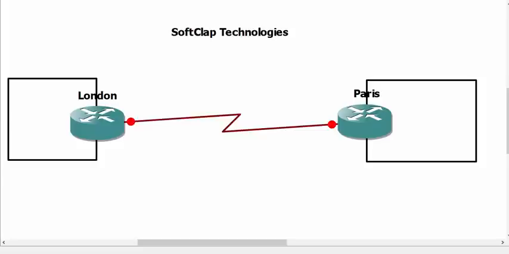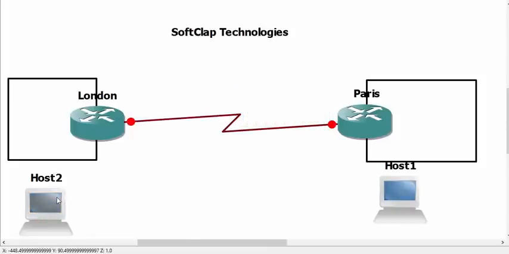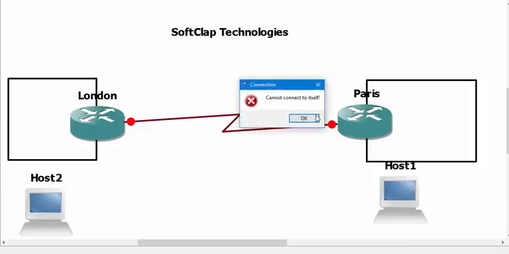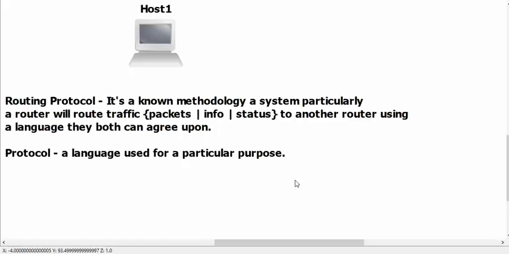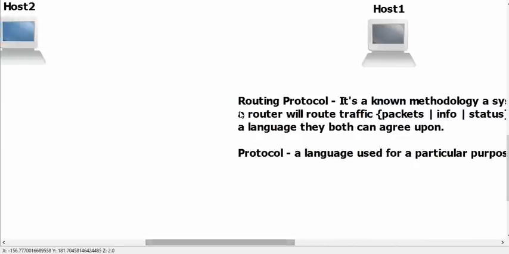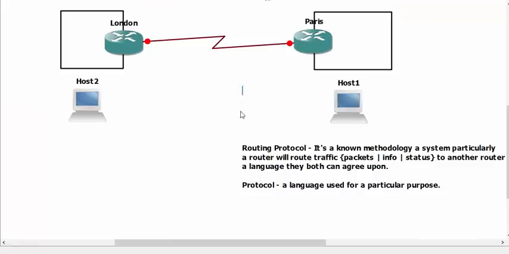So let's say you have a server, a host here, and you have another host here, a server here and a server there.